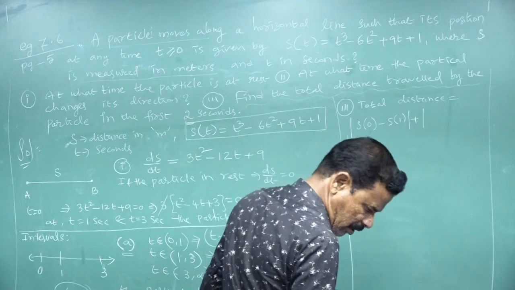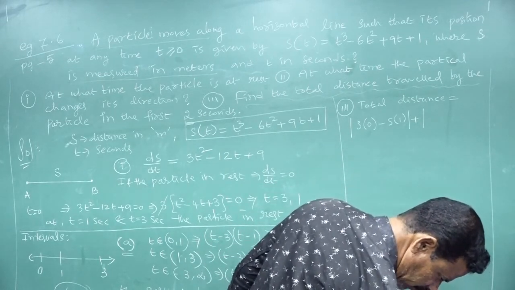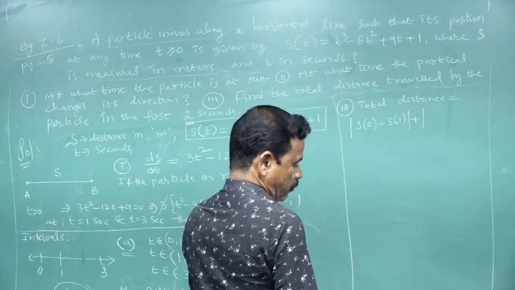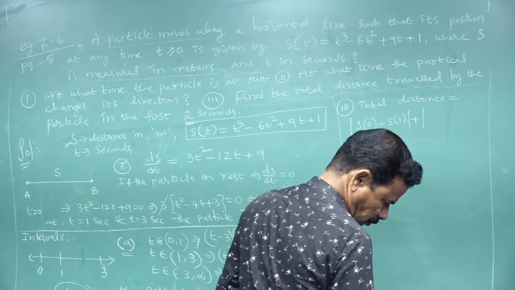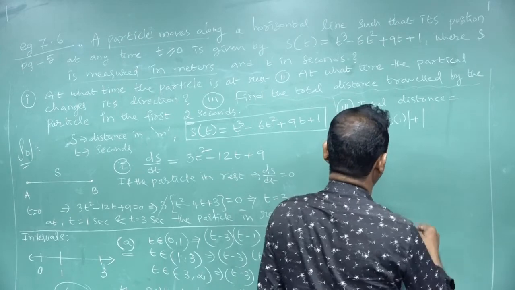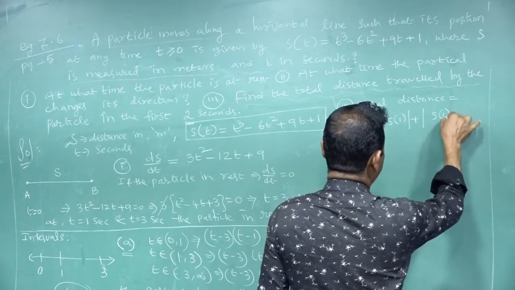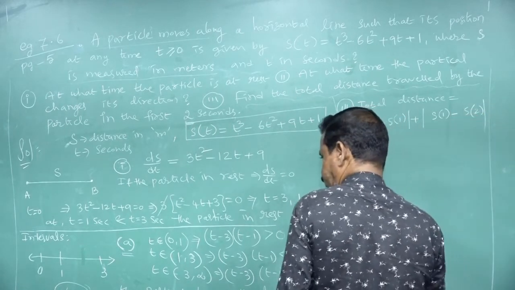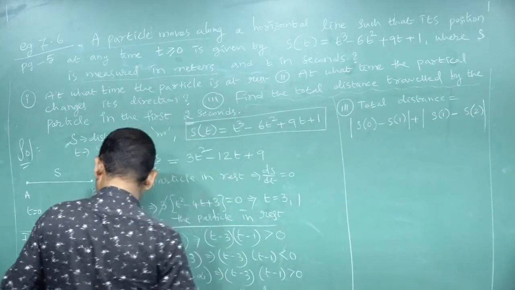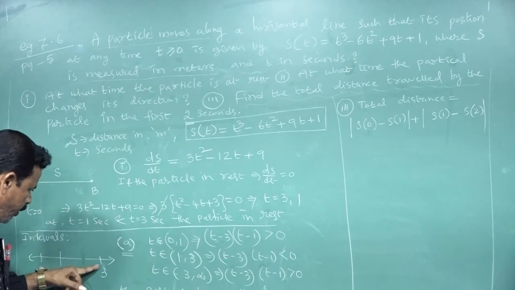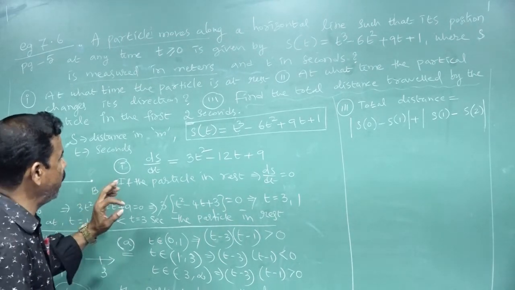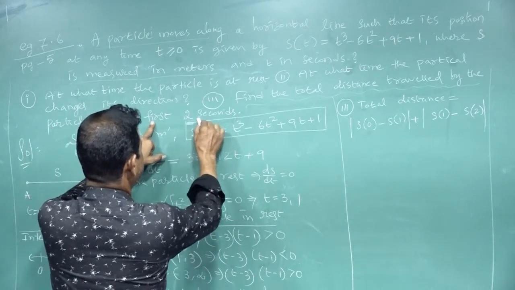Otherwise, S of 1 minus S of 2. So actually the direction changed at 3, but where is the t value asked? In the first 2 seconds.